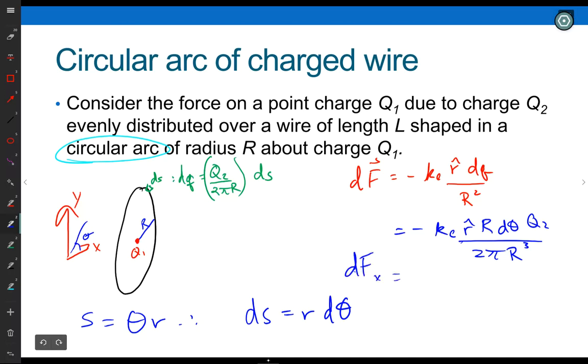You try to separate theta and r. Well, if here's dF and here's theta, then how big is dFx? Is it 0?